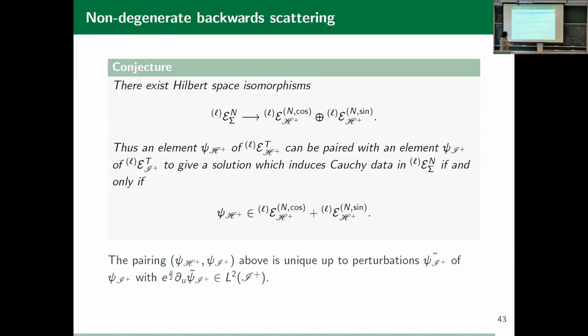So you take the direct sum of these two maps, and then you get this map. And what that tells us is that CH plus is necessarily in the sum, not the direct sum, of these two spaces. So it's a little bit convoluted, but at least we do have some positive identification of what kind of radiation fields we can have at H plus. So provided that we know this polyhomogeneous expansion of R tilde near omega equals 0, then we can actually identify exactly what the spaces are.